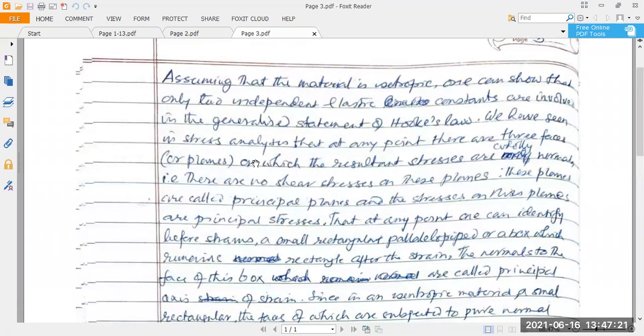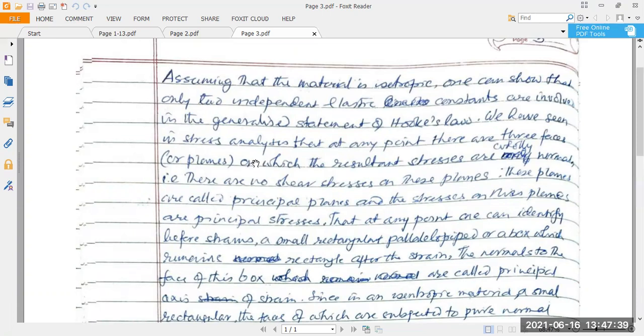Now, we have seen in stress analysis that at any point there exist three planes where the resulting stresses are only normal, and there is no shear stress on these particular planes.